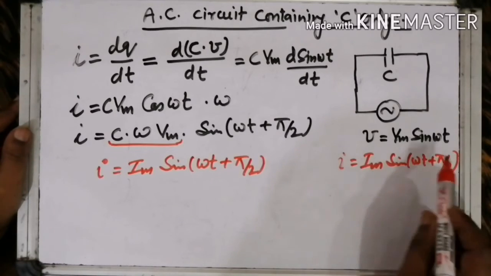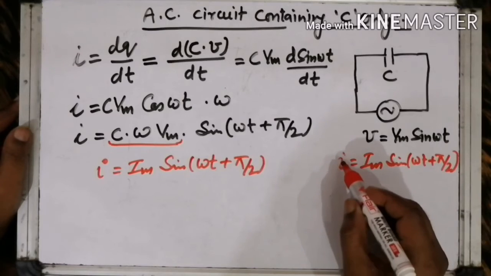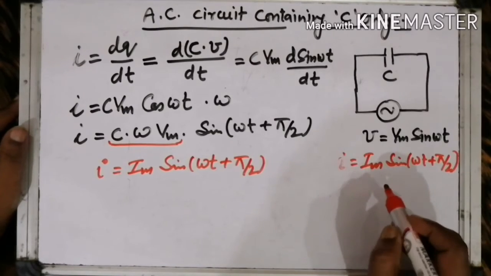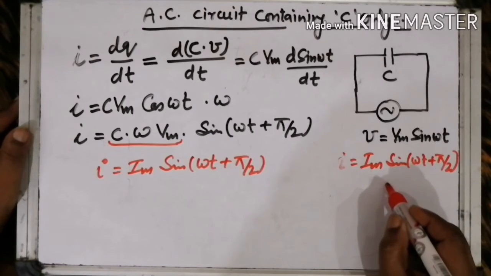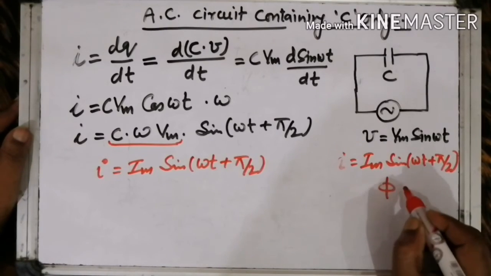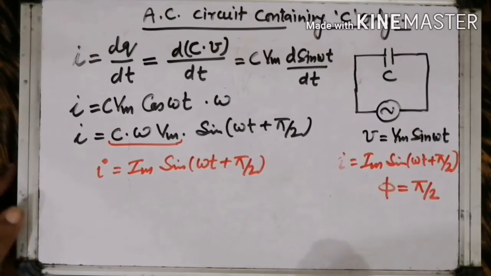Now see these two equations very carefully. Here current I leads the voltage by an angle of 90 degrees. It means that the phase angle phi is equal to pi by 2, right?